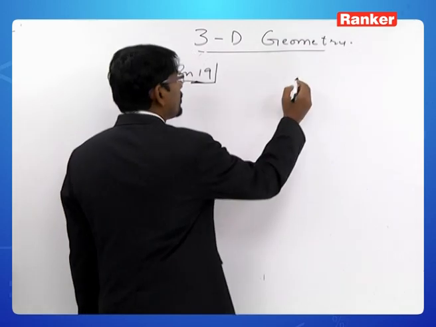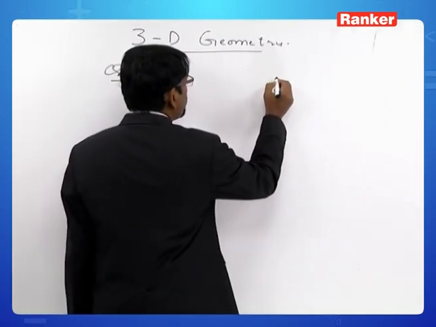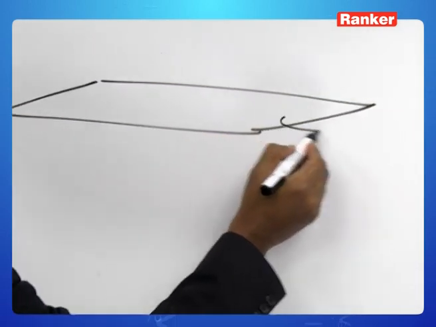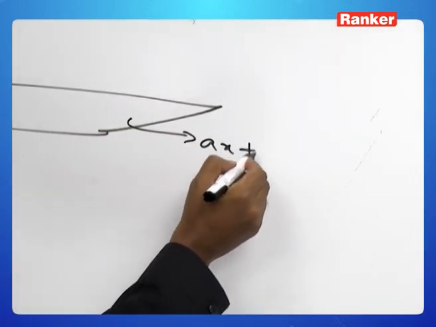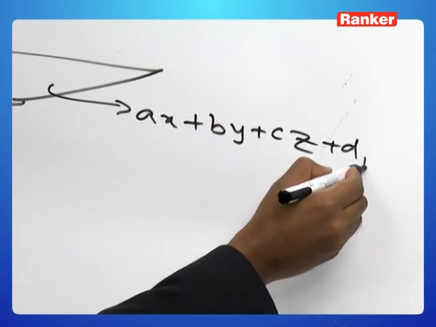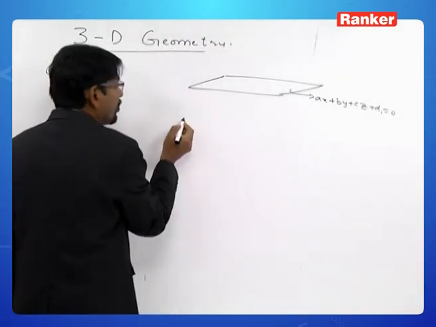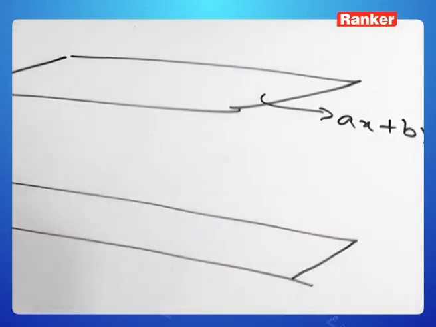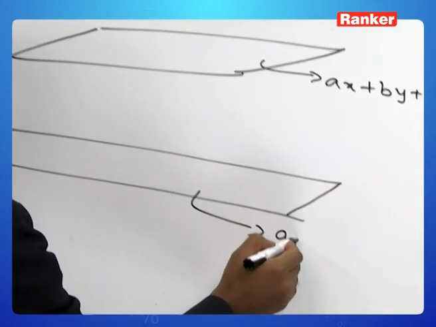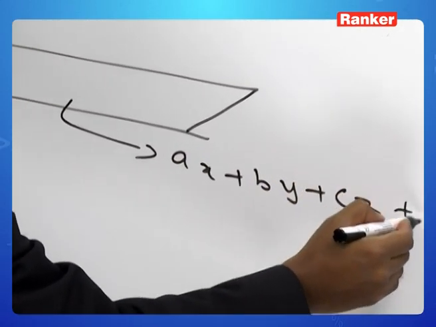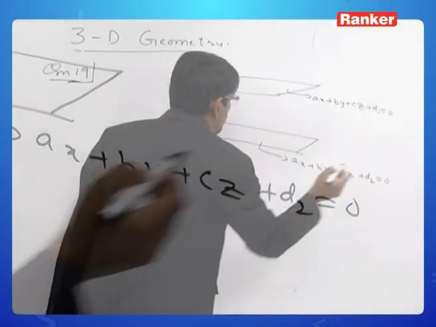Let's move on here. When you have two parallel planes, we can write the equation of the planes to differ only by a constant. So this plane we can take it in the form of ax plus by plus cz plus d1 equal to 0.